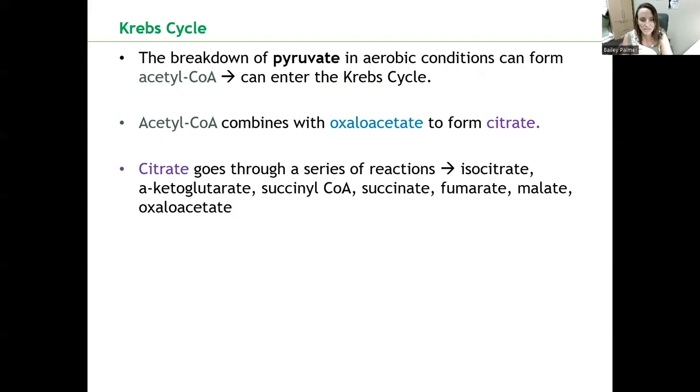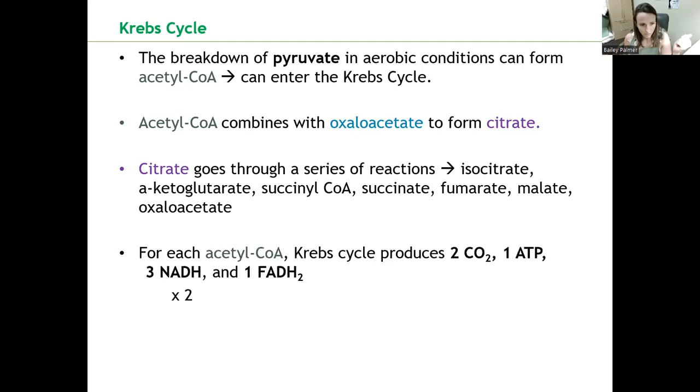Citrate goes through a series of reactions. So we will have citrate, isocitrate, alpha-ketoglutarate, succinyl-CoA, succinate, fumarate, malate, and back to oxaloacetate. So oxaloacetate begins and ends the cycle. It's regenerated after those 8 steps. So that's why it's a cycle, it's a closed loop.